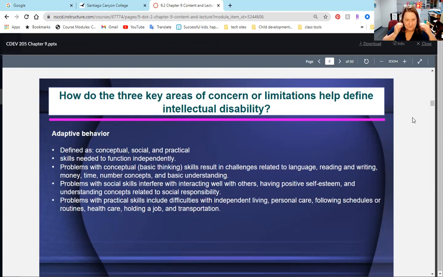A lot of times people with intellectual disability don't understand things that are invisible, like integrity, honesty, or possibly being manipulated. It's hard to describe these things to somebody who hasn't developed the capacity to understand them. Social things include making friends, keeping friends, hobbies, and leisure activity.